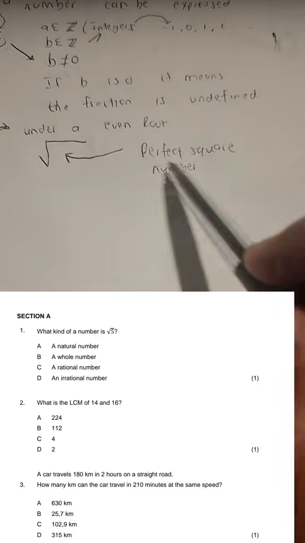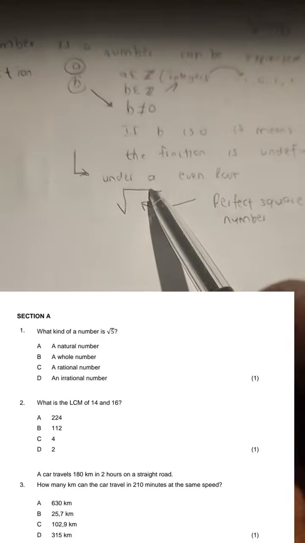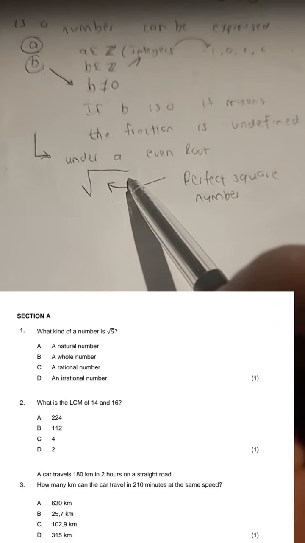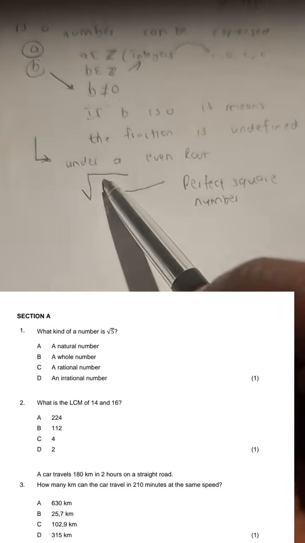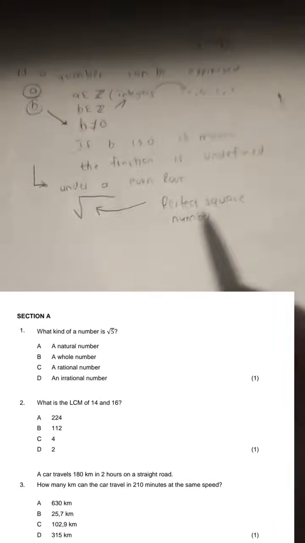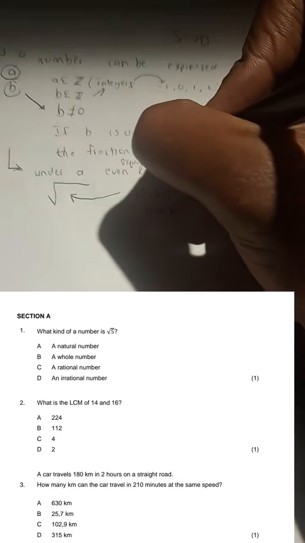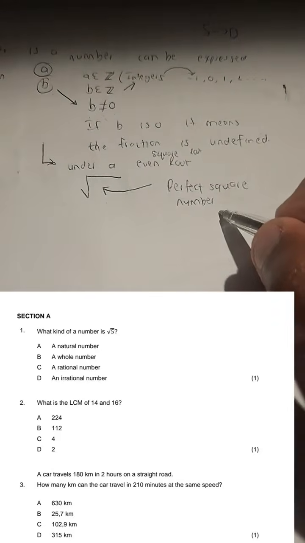Under an even square root, of course we need a perfect square number.